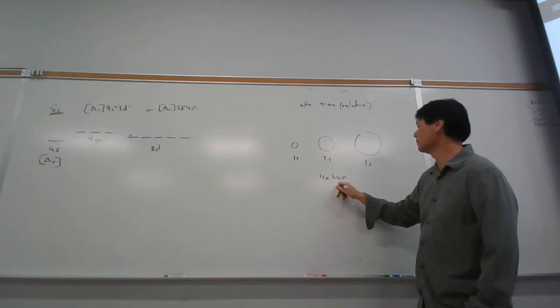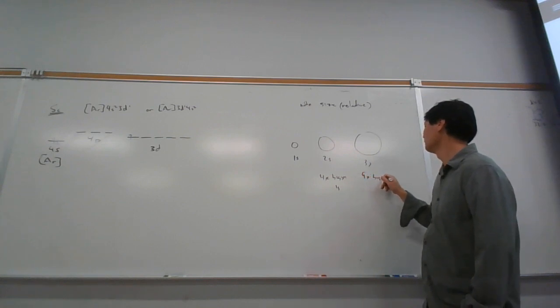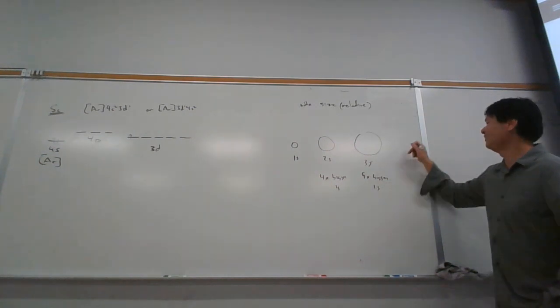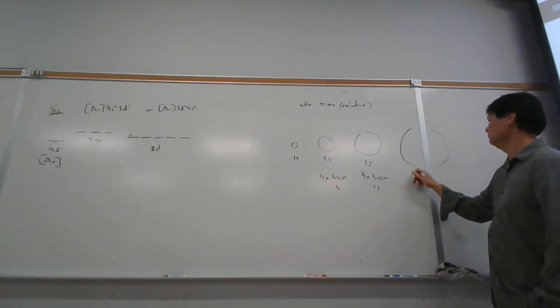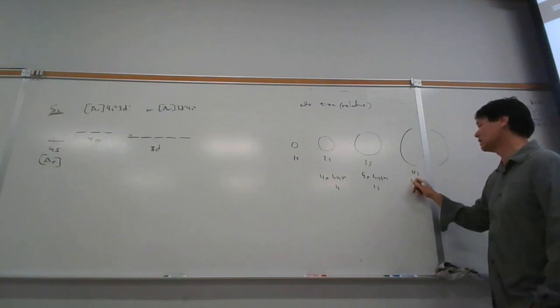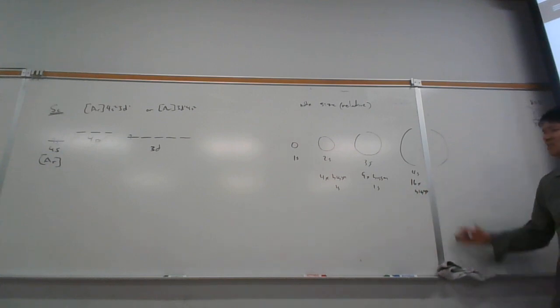So 4 times bigger than 1s, 9 times bigger than a 1s. If we go to a 4s, do you know how many times bigger? 16 times bigger. So this is a big orbital.